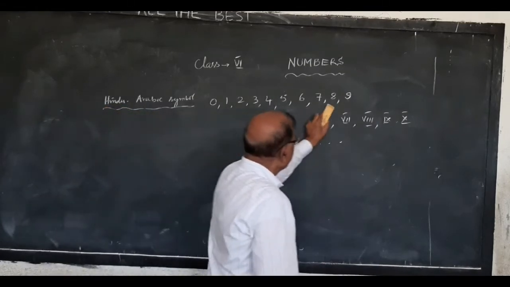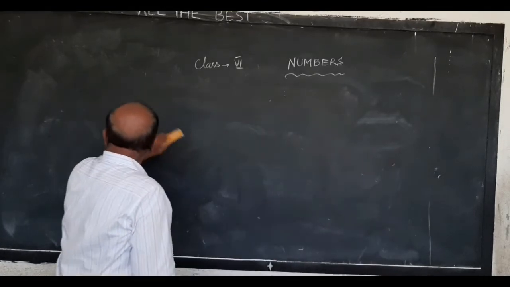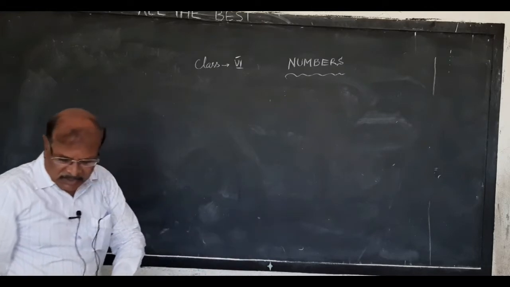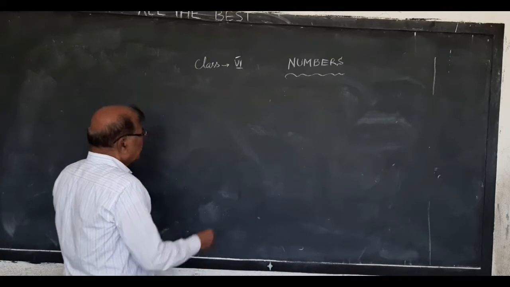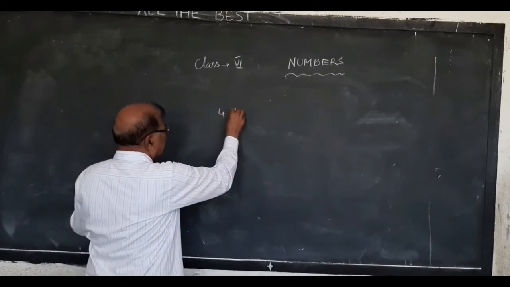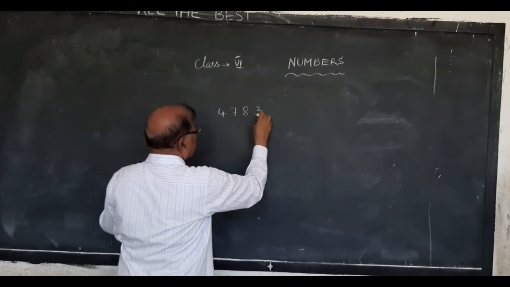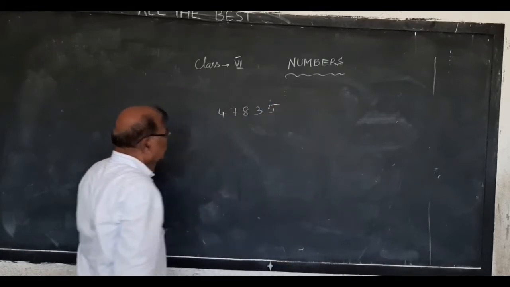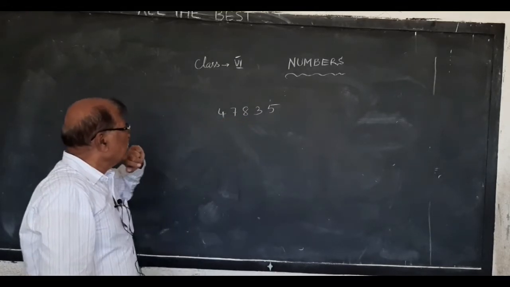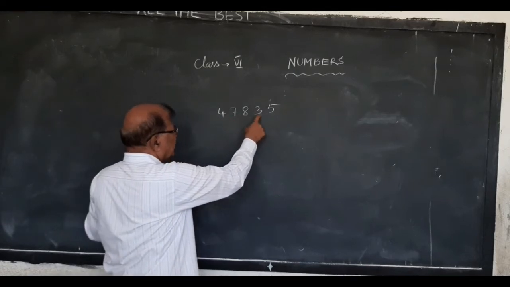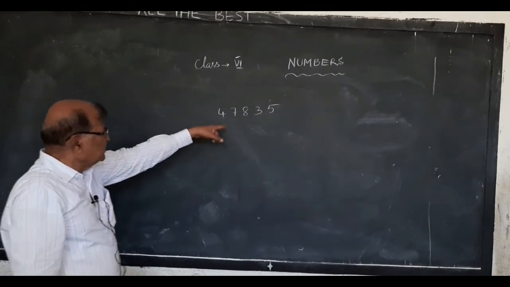Now let us see the forming of a number. For 6th class, you should know the 5-digit number. Take any 5-digit number, 4, 7, 8, 3, 5. This number consists of 5 digits.